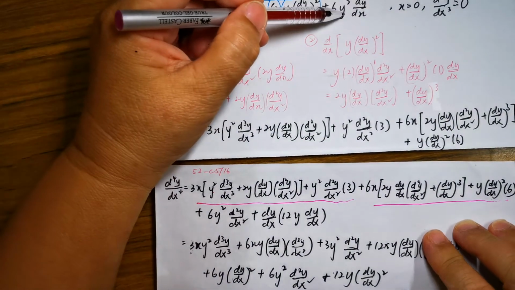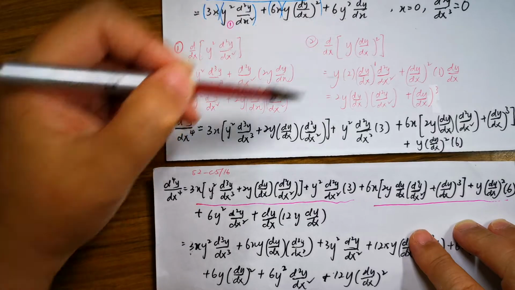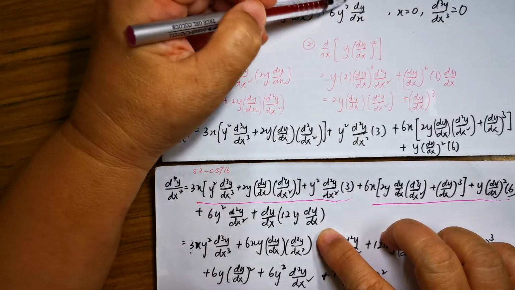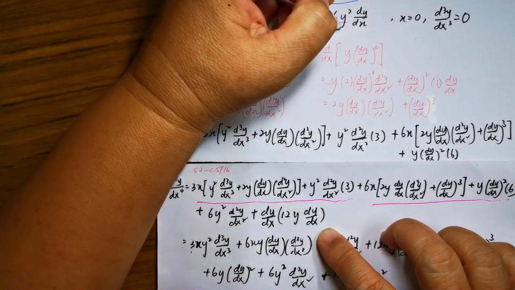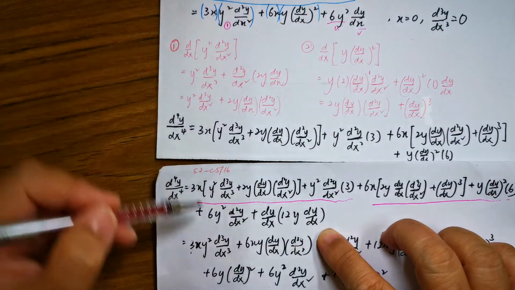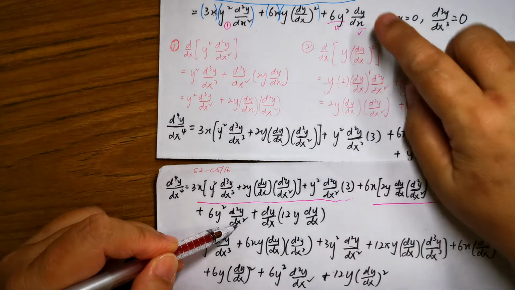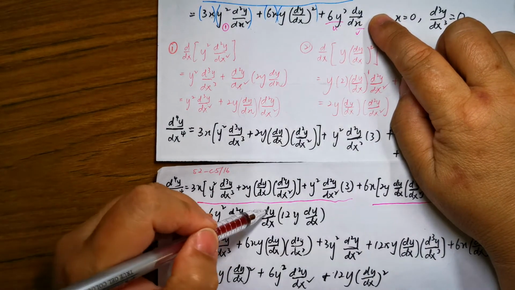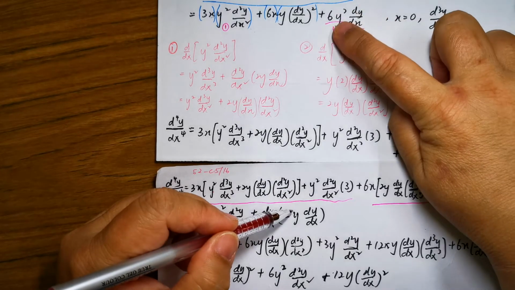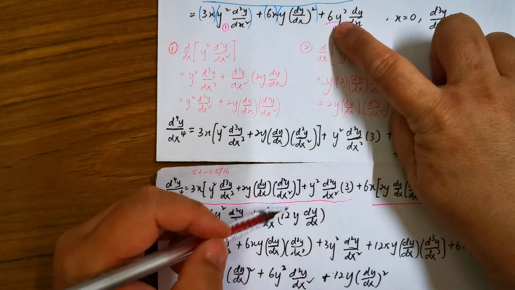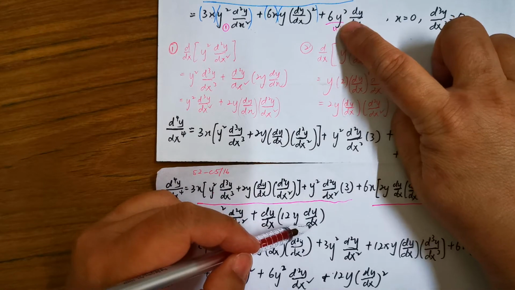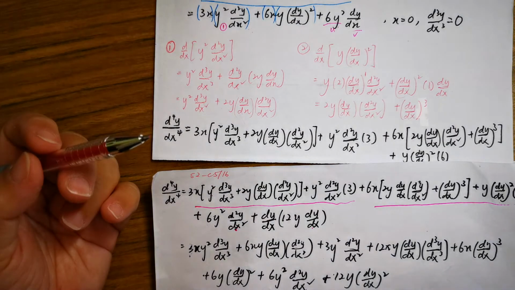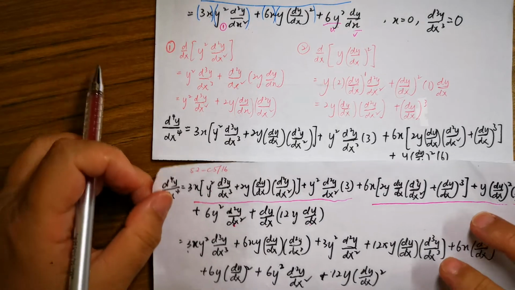And the differentiation for this one is here. So same. This is my u. This is my v. So u, dv dx. So differentiate dy dx, you get d2y dx squared. Then v, copy your v. Differentiate 6y squared, so index in front, so 12y. Don't forget your dy dx. Okay?